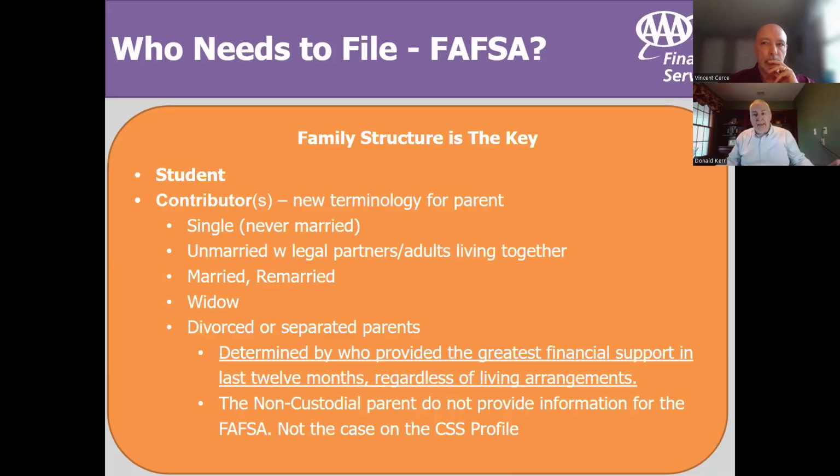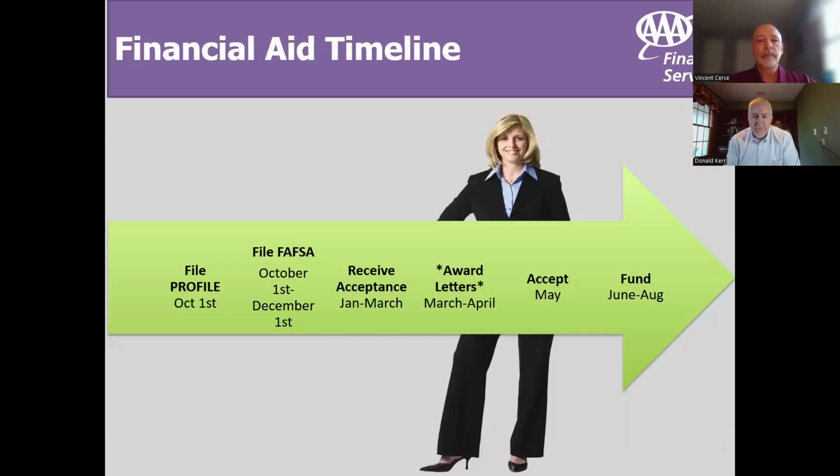So sometimes you can end up with 3 contributors on the CSS profile form. So, but that's who needs to file: the student, absolutely, and their parent or parents who contribute the most financially for them. Okay, you can go to the next slide.